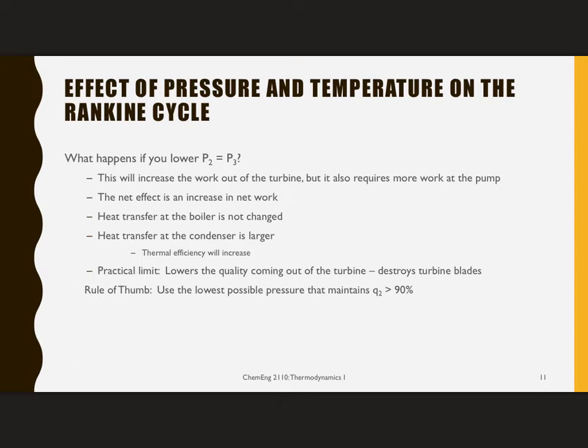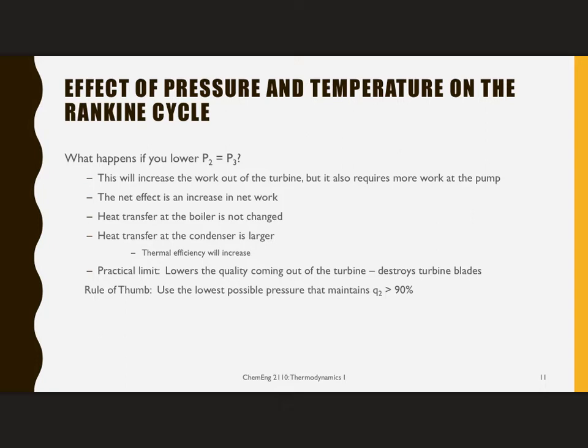The reality is that as you decrease the pressure coming out of the turbine, leave the material basically in the turbine longer, turning those blades just that little bit longer, what's going to happen is you're going to start forming liquid droplets. And once that happens, you're going to destroy the turbine blades.